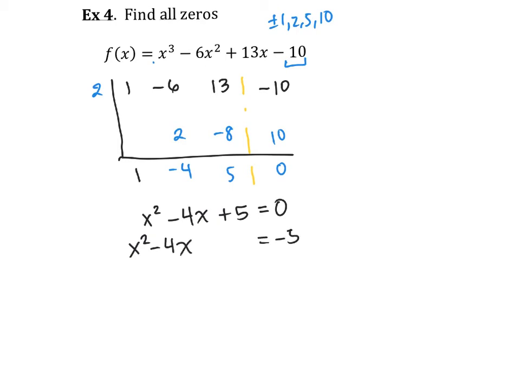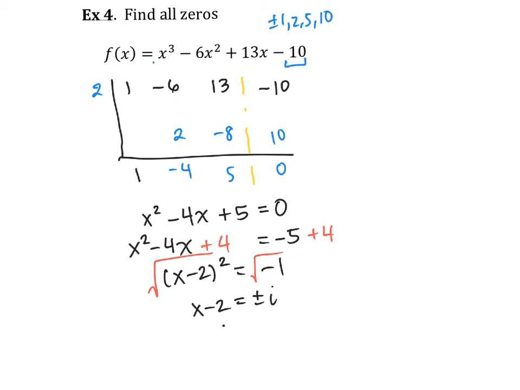I'm going to move the 5 over to the other side. Plus 4, plus 4. You do need to show your work on these. Square root both sides. x minus 2 equals plus or minus i, so I get x equals 2 plus or minus i. Then just make sure you read the question so you answer it.